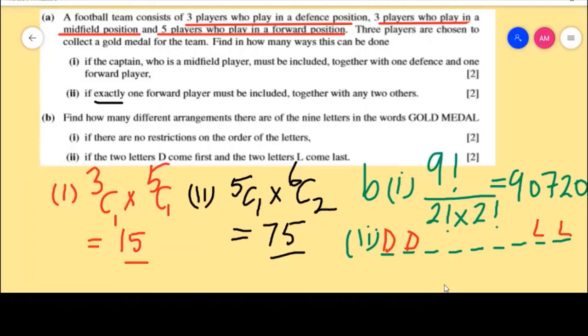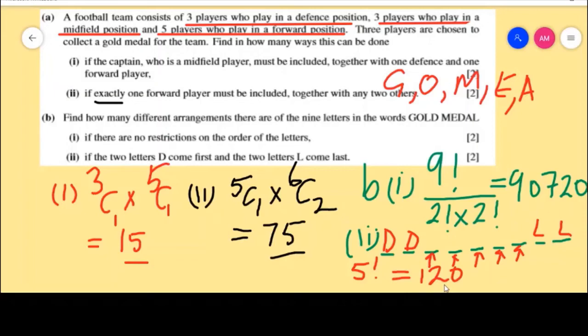If I do that, I'm left with G, O, M, E, and A. Those will fit in these 5 spaces. So this is 5 factorial. There are no repeats because I've used the D's and the L's. So 5 factorial there, which is 120. So that's how you do that question there.